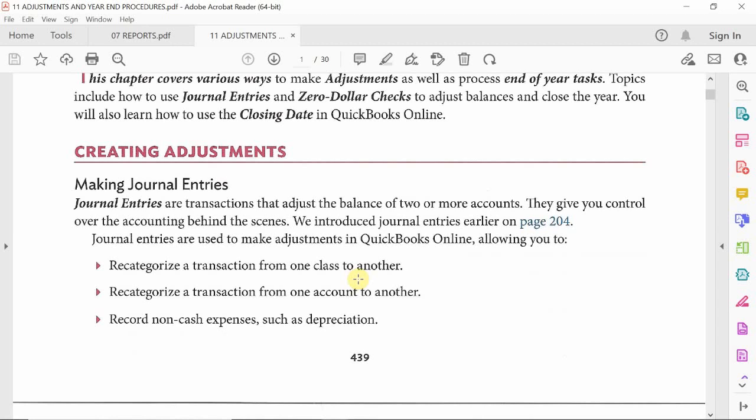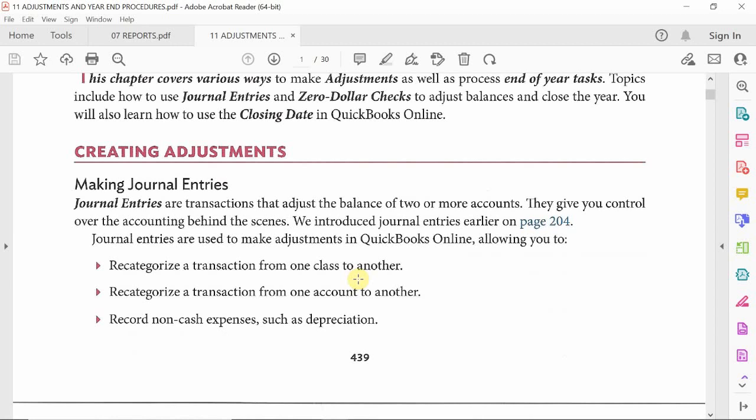Okay, so if you make any mistakes or if you forget to categorize certain classes, you're able to do a journal entry on that. You can also recategorize transactions from one account to another, right? Because with a journal entry, you're basically adjusting anything that's on the chart of accounts. And then, of course, you can also record non-cash expenses such as depreciation.